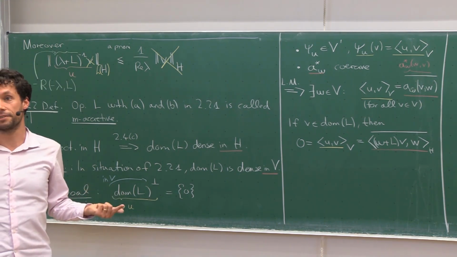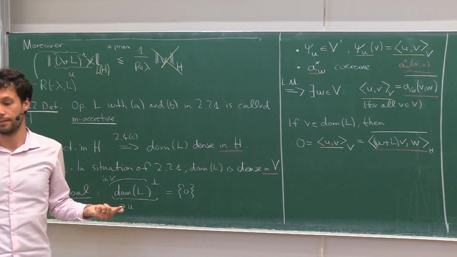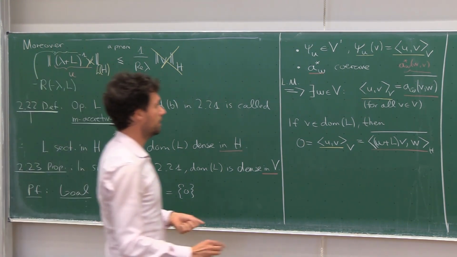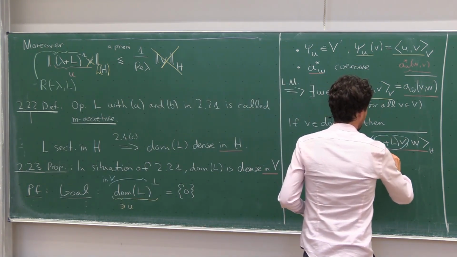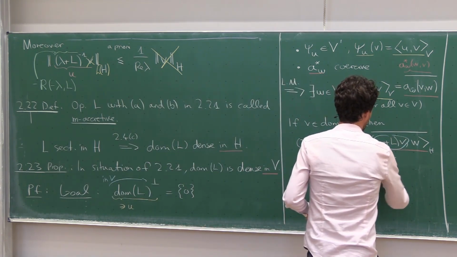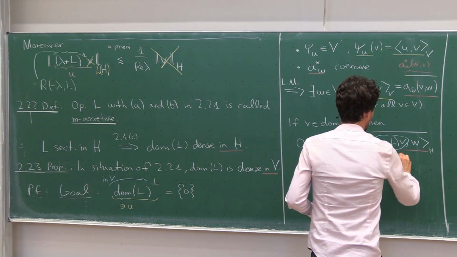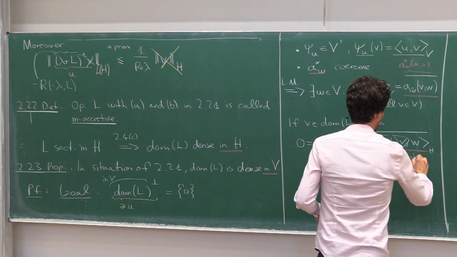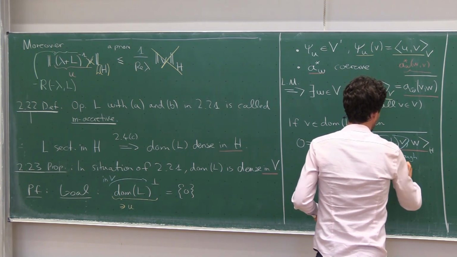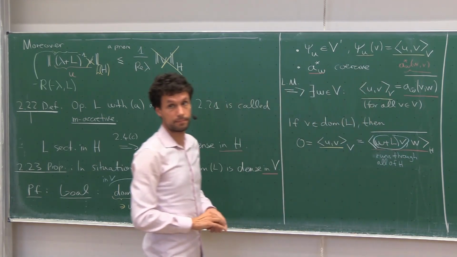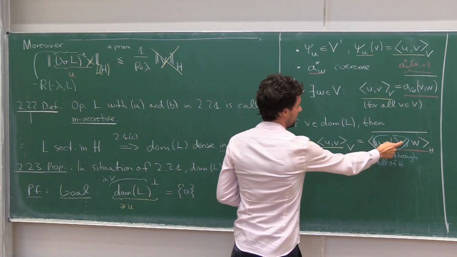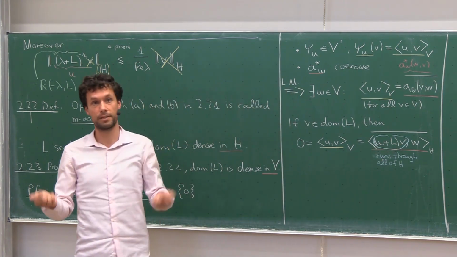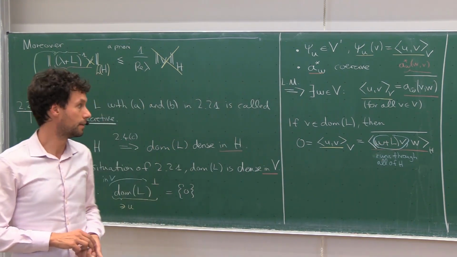Well, omega was in the resolvent set of L. Okay? So this thing here, this can be anything, or it runs through all of H. Because every vector in H can be represented as omega plus L applied to something in the domain, because omega plus L is invertible.